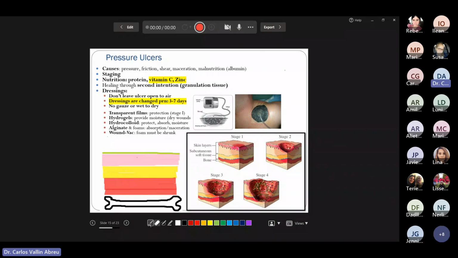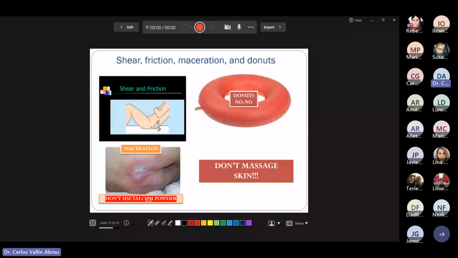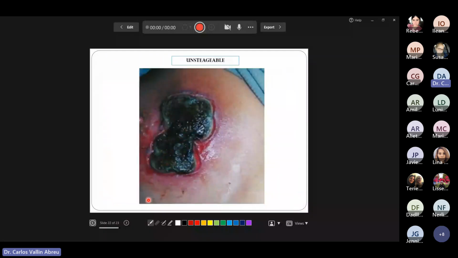As I said before, if the ulcer is covered by a tissue that prevents you from seeing how deep the ulcer is reaching, you can't stage the ulcer, and you say the ulcer is, until now, unstageable.